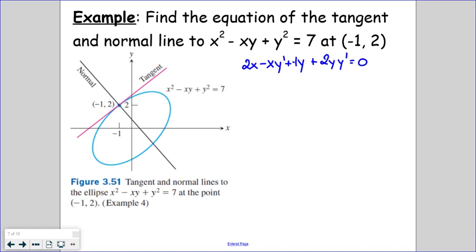So gather all my terms that have the y prime, -x y prime plus 2y y prime, and I'm going to move the -y over, move the 2x over, take out my GCF, and divide to get y prime by itself.